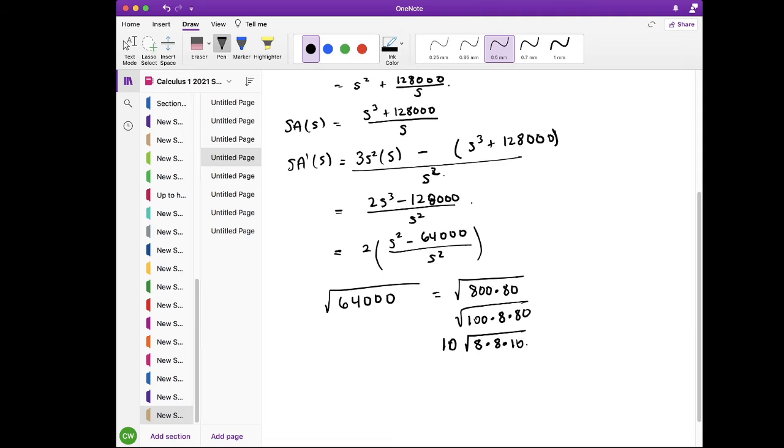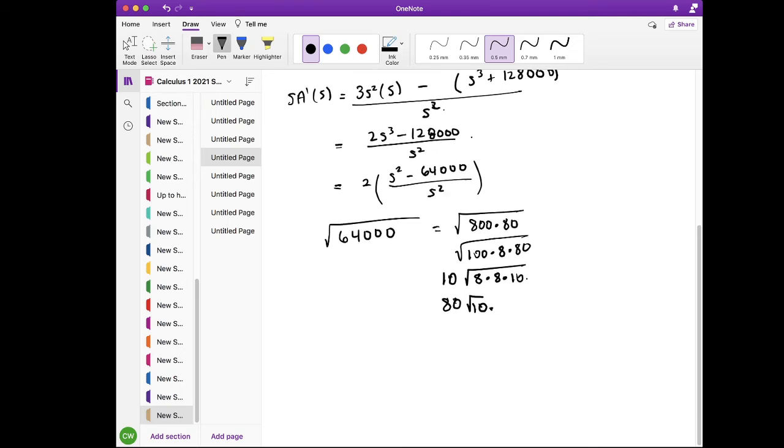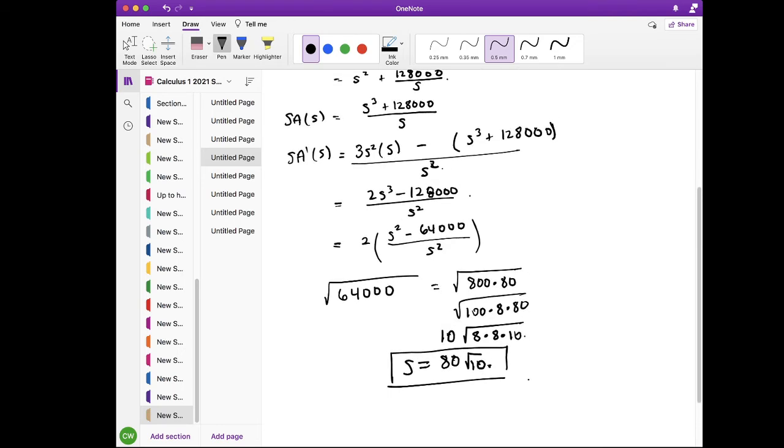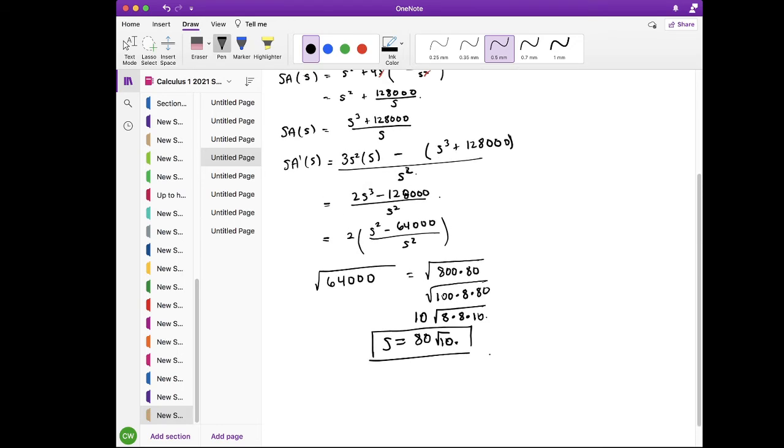So it's 80 square root of 10. All right, so that's S. 80 square root of 10. Okay, everyone agree now?